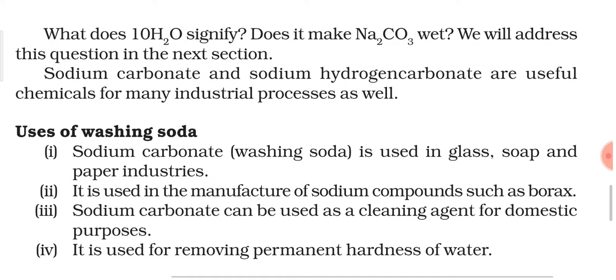In the same way, washing soda, that means sodium carbonate decahydrate, and baking soda, sodium hydrogen carbonate, also have many different industrial uses. So these are the uses of washing soda. Generally we write washing soda as sodium carbonate, although completely it is sodium carbonate decahydrate.